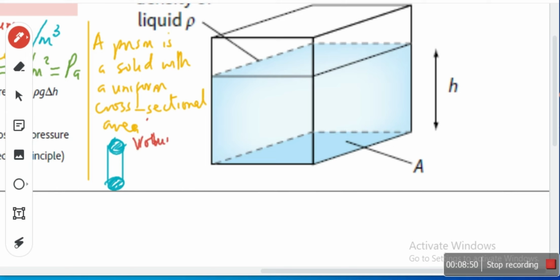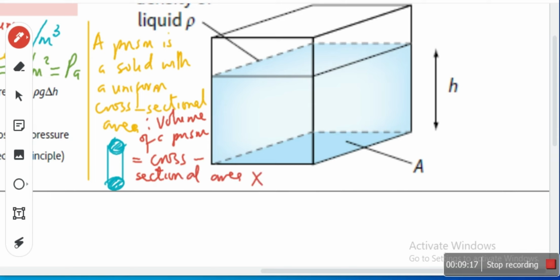Any prism at all is equal to cross-sectional area times... Okay, let me write it in full. Volume of a prism is equal to cross-sectional area times distance between the cross sections.